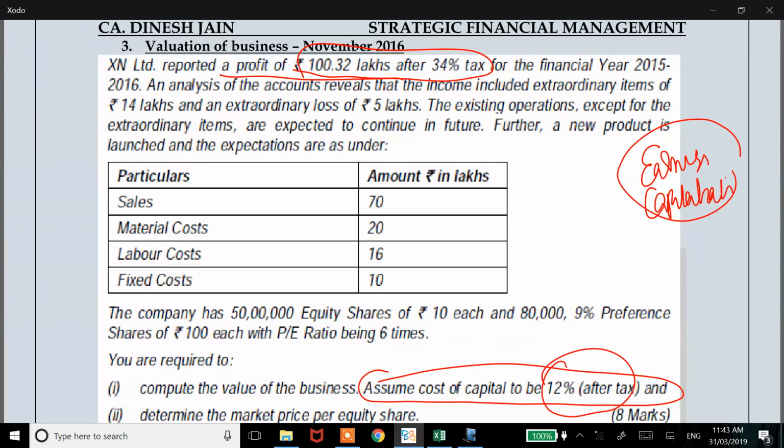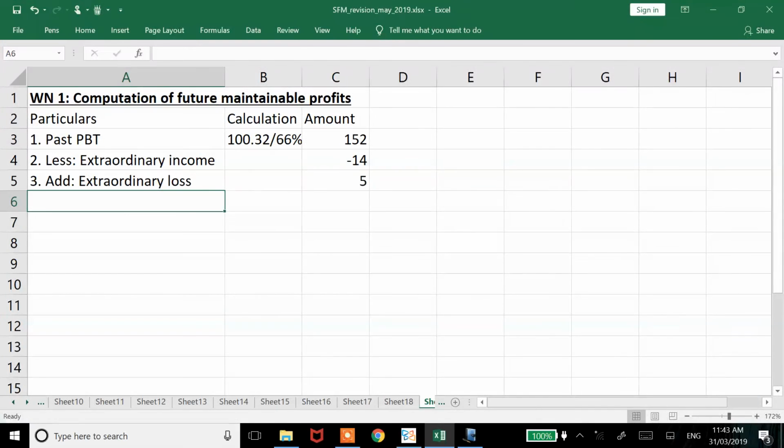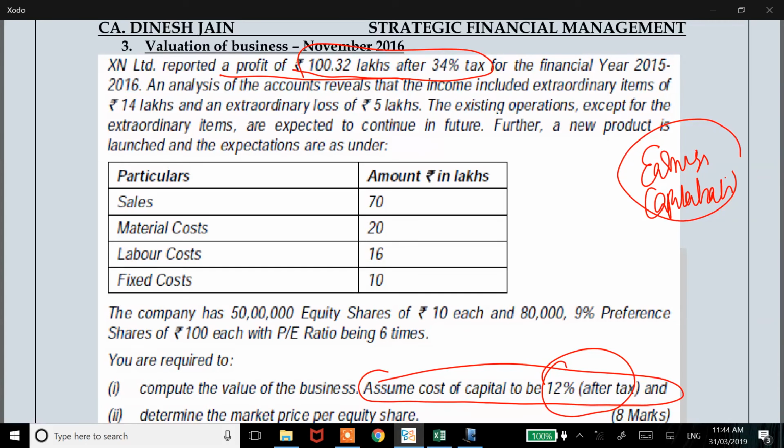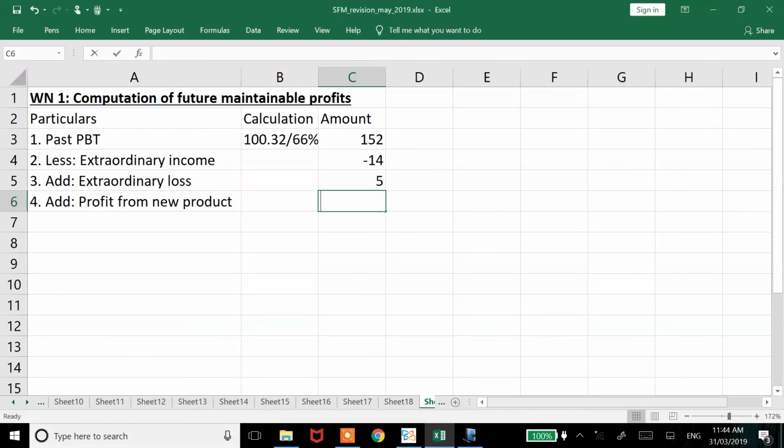Apart from that, I'm going to introduce a new product that can give me some profits. This is an additional profit which I'm going to generate in future. So point number 4, add profit from new product. How much will this generate?